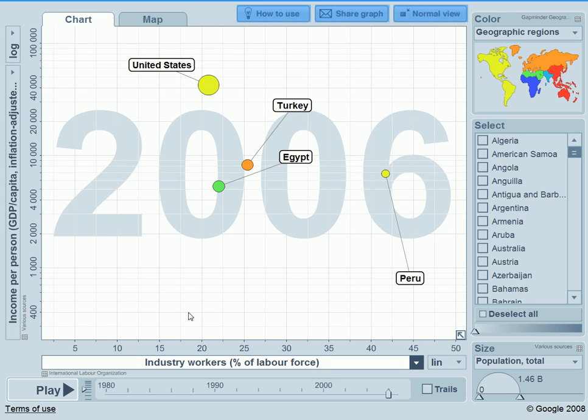Also, they have a high percentage of the labor force as industry workers. Also, they have a small family size. They have a higher income per person. So I will choose Turkey, but let's see. Okay. Thank you.